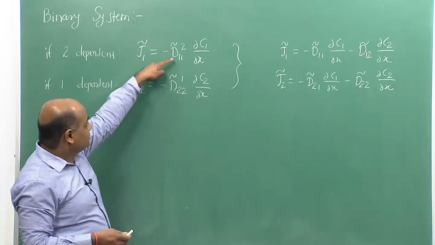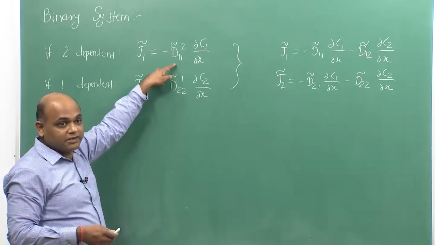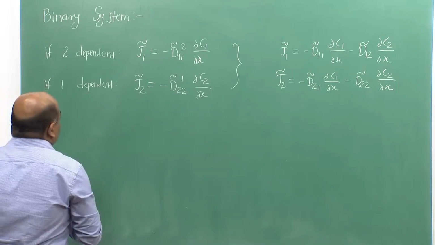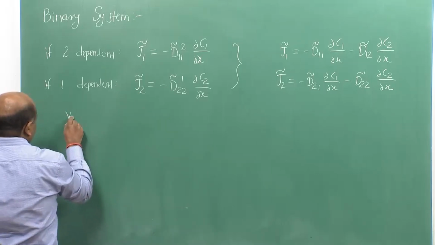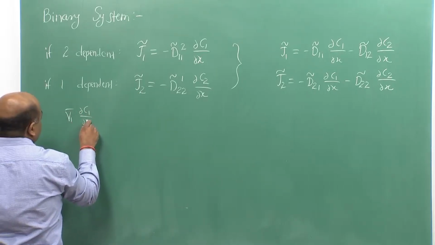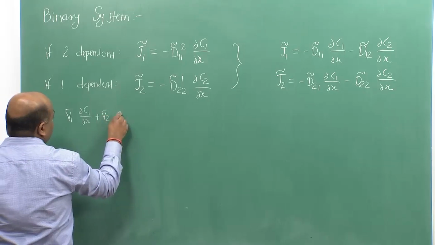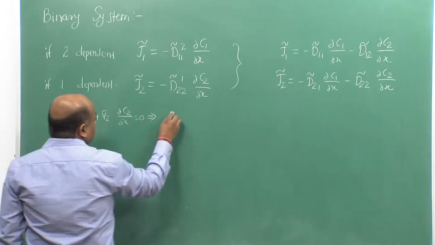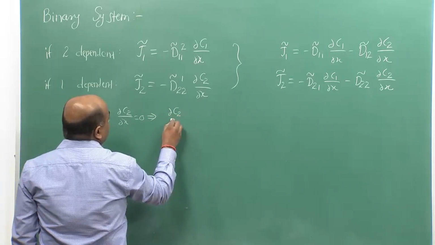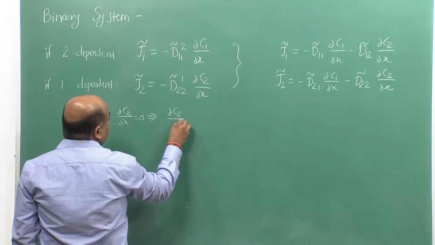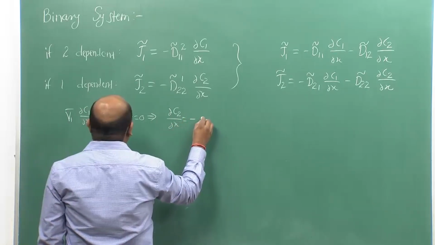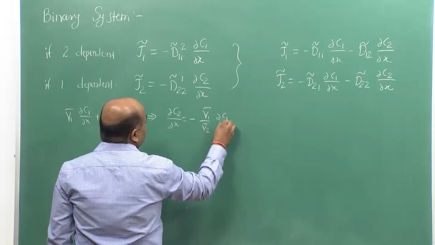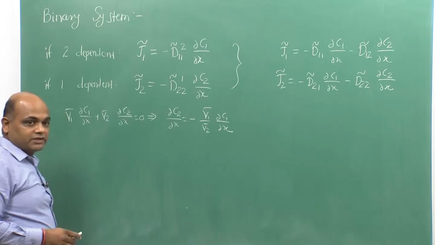But again these two seem to be different, but they are not. Let us see how. Because we can write V1 bar dou C1 by dou x plus V2 bar dou C2 by dou x equal to 0, which means dou C2 by dou x is equal to minus V1 bar over V2 bar dou C1 by dou x.